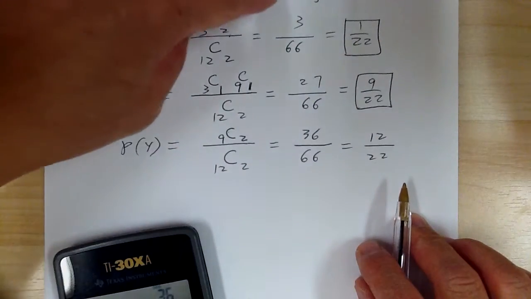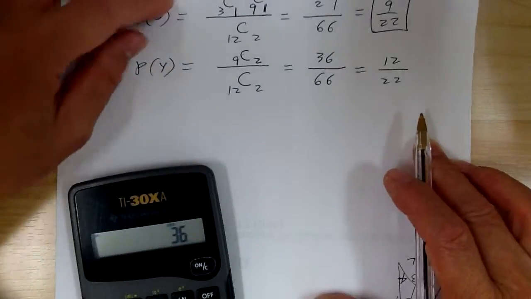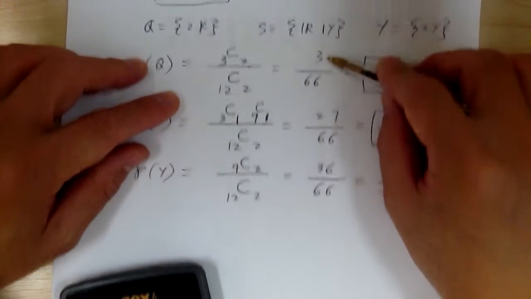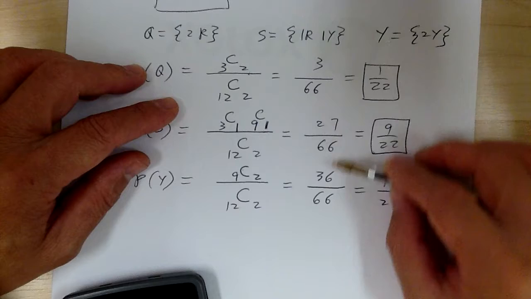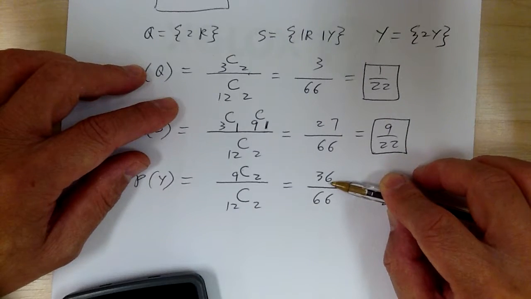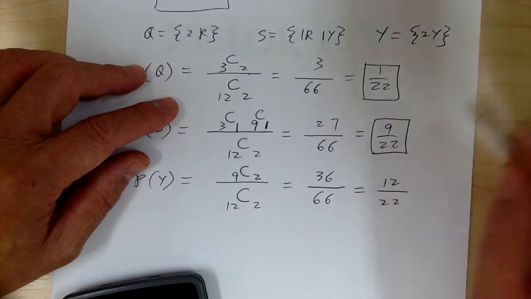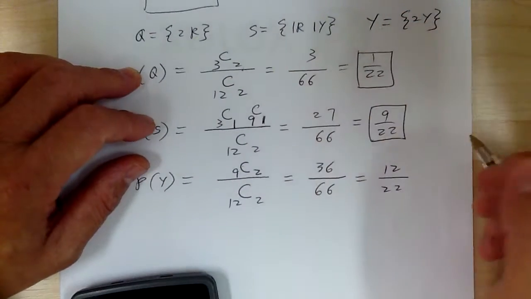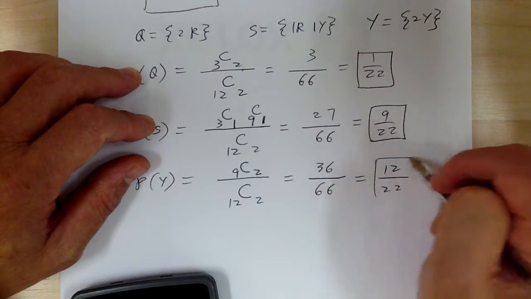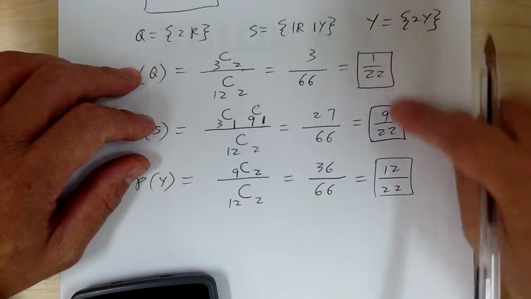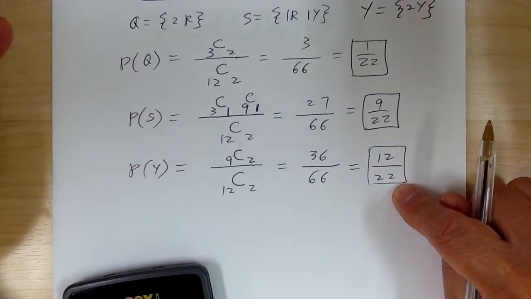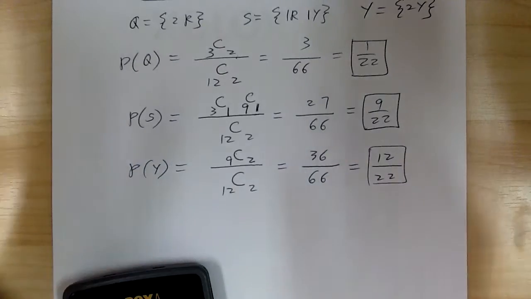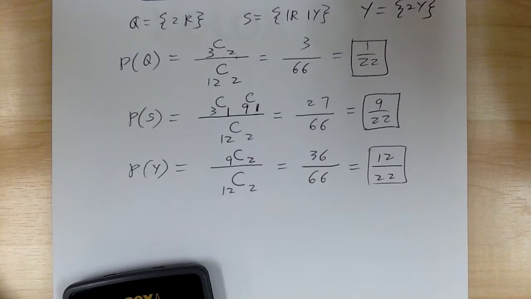But notice 2 red, 2 yellow, and 1 red, 1 yellow will give you a total of what? If you add this, 3 plus 27 is 30, 30 plus 36 gives you 66, and that's everything. So if you add everything together, it will equal 1. 1 plus 9 is 10, plus 12 is 22. 22 over 22 is 1, which makes sense, because if you account for everything, total probability is 1.